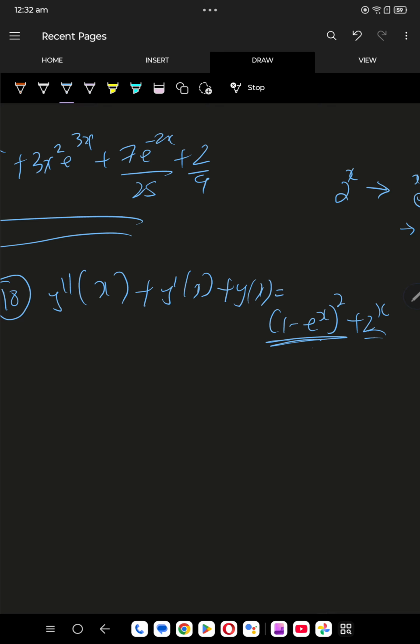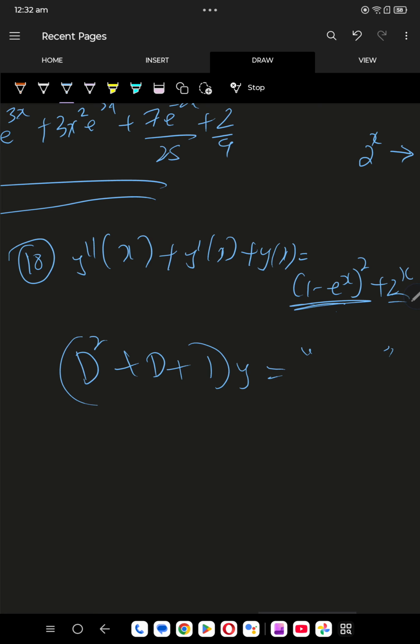For finding the CF, it is not required. This can be written as (D square plus D plus 1) into y equals this. So the auxiliary equation becomes m square plus m plus 1 equals 0.